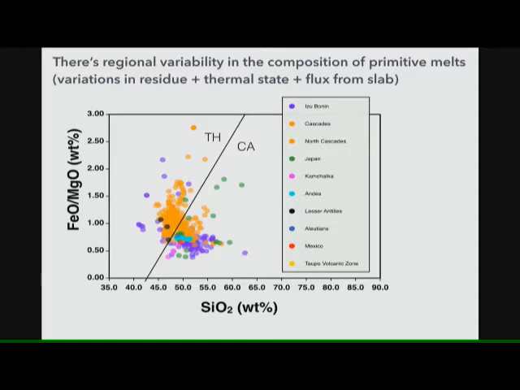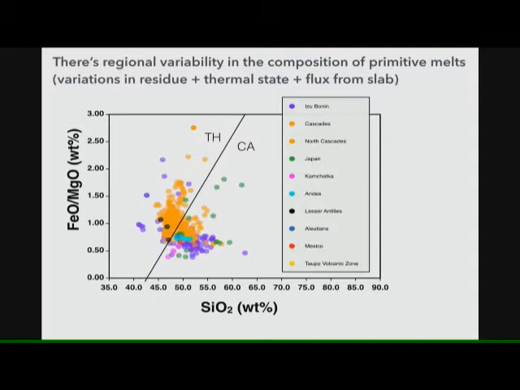Here I took a suite of primitive basalts that have been relatively well studied, and I plotted them by their region. So these are different arcs around the world that they're from, on that same Miyashiro diagram for consistency. It's kind of hard to see because this big orange cloud of Cascades drowns it all out, but there are quite a bunch of Izu-Bonin and Marianas samples behind it.